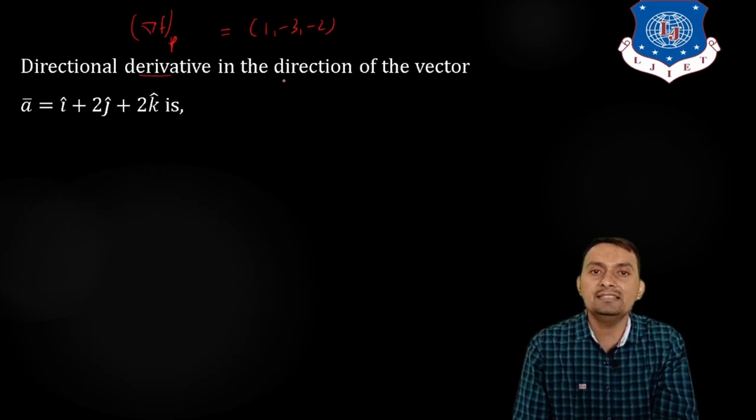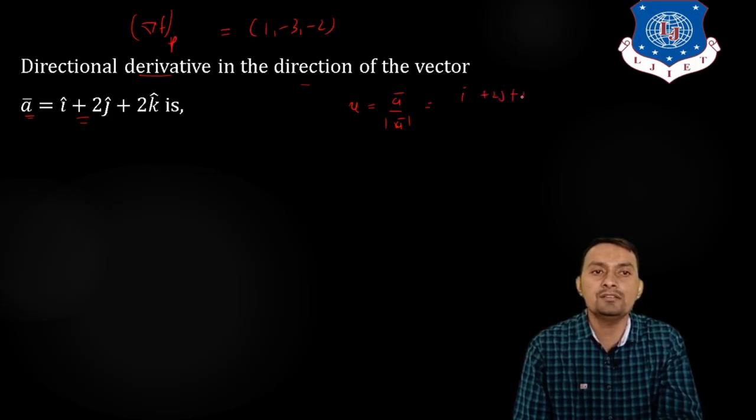But for the directional derivative in the direction of the given vector, how can we say this is a unit vector? So what do we have to consider? First, u is equal to a bar divided by its modulus. So a bar is 1i plus 2j plus 2k.